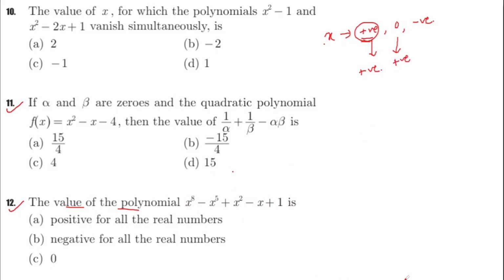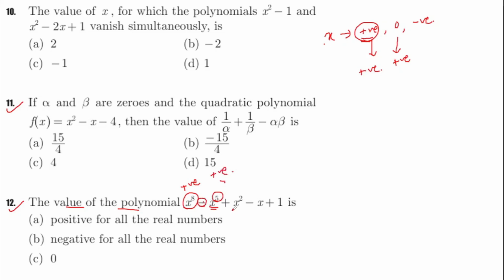Now if we put x as a negative value, then for x to the power 8, the degree is an even number, hence this will give you a positive value. And x to the power 5, the degree is an odd number, hence this will give you a negative number. But there is already a negative sign before it, so ultimately this gives a positive value.